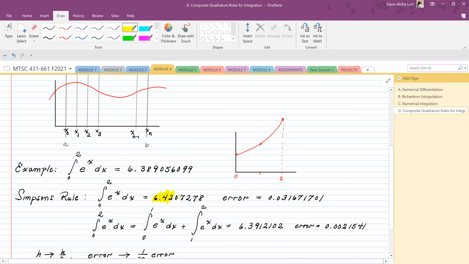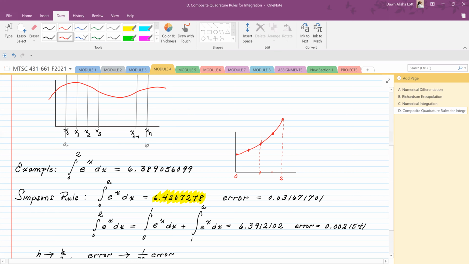Okay. So now in the second one, I split the interval in two. So now I got a point here, and then I got a point here.